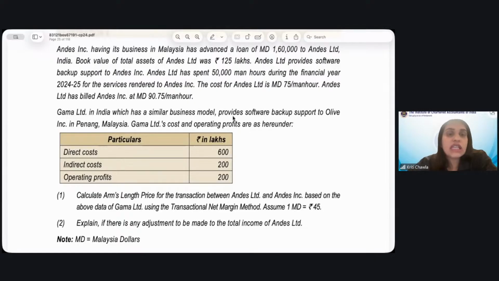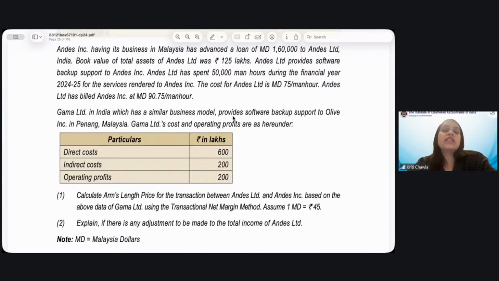Okay, so let's come back and discuss this particular question on the TNMM method. Now, in this particular question, they talk about A Incorporation having its business in Malaysia. It has advanced a loan of Malaysian dollars 1,60,000 to Andes Limited India. The book value of total assets of Andes Limited was 125 lakh.